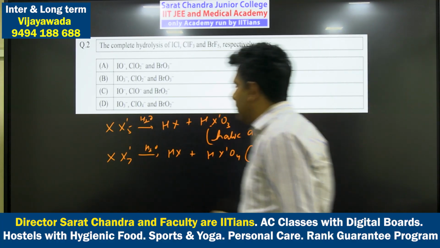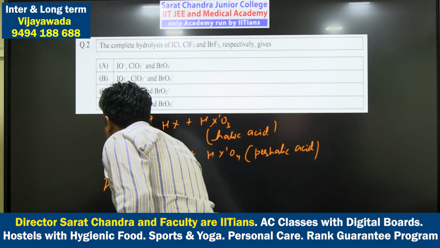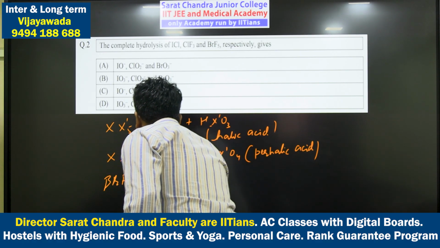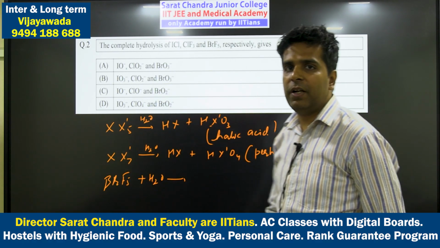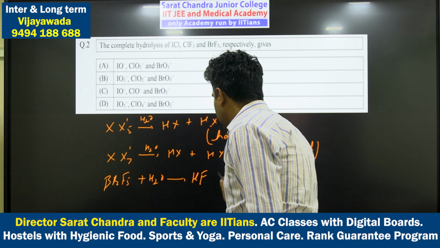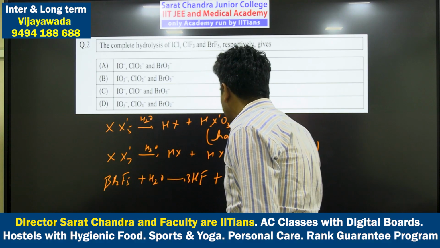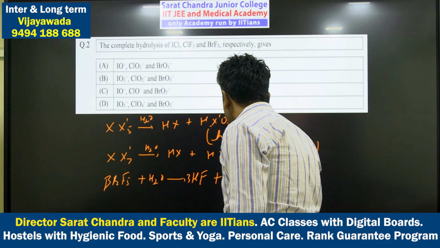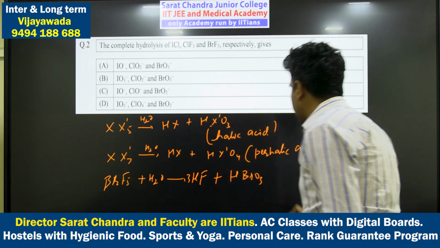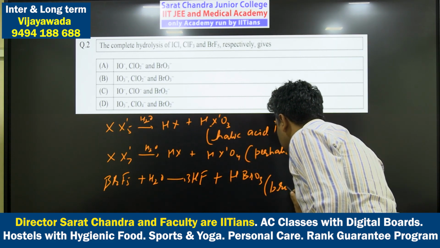So BrF5, on hydrolysis. This is an XX' type of interhalogen compound. So the more electronegative halogen will be at the negative oxidation state. So HF will be formed and the bromine will be at the positive oxidation state. So HBrO3 will be formed. That is nothing but bromic acid.